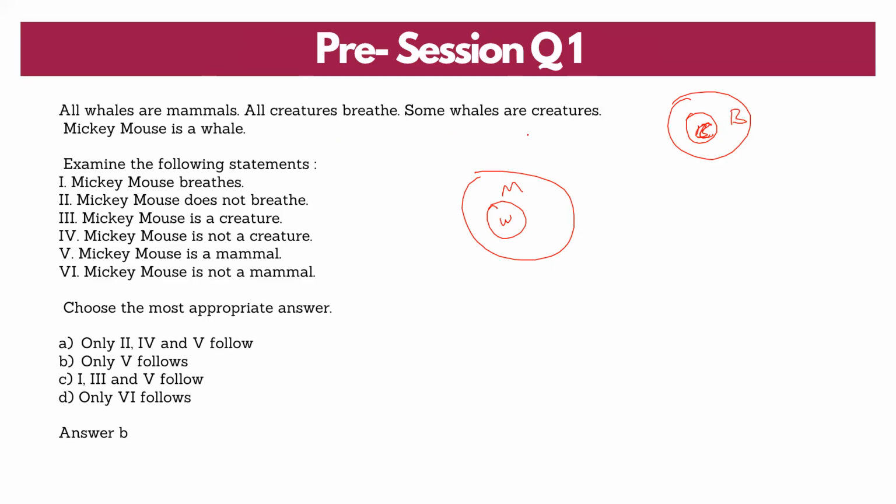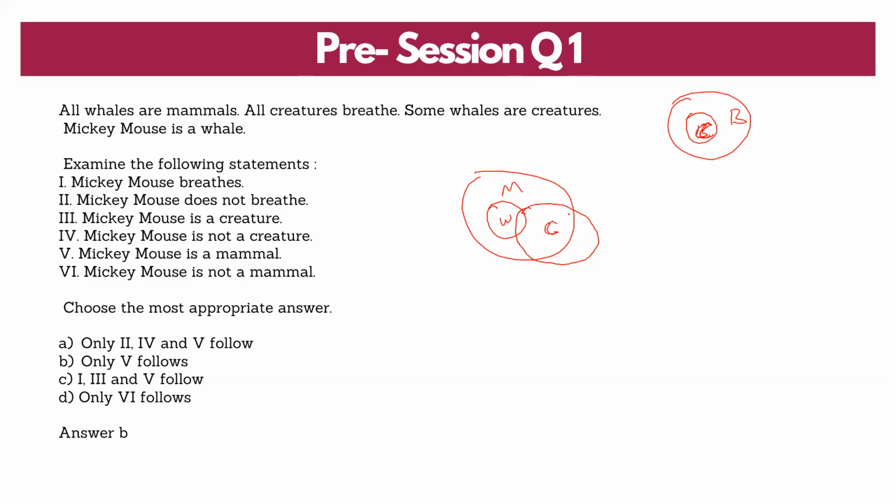Some whales are creatures. Here I will draw the diagram of some whales are creatures. Now, when I'm drawing the diagram, I will make sure that some part of creatures overlaps whales, because that is already given, but some part of creatures also lies outside of mammals.